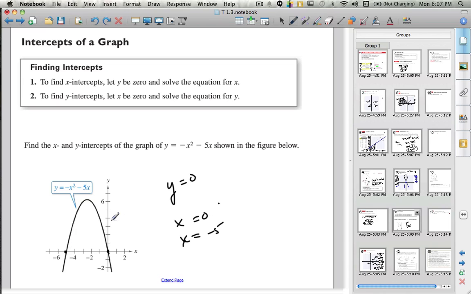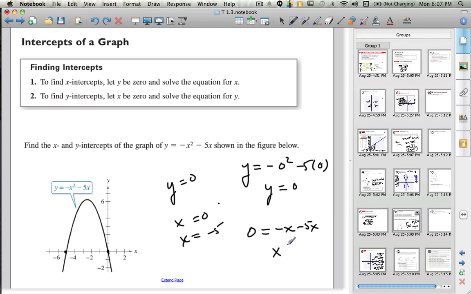Again, there are other ways I could find the intercepts. I did it by looking at the graph. I could do it algebraically by letting, to find the y-intercept, x equal 0. So y equals the opposite of 0 squared minus 5 times 0, so y is equal to 0. And when I let y equal 0, that's the same as solving -x squared minus 5x.